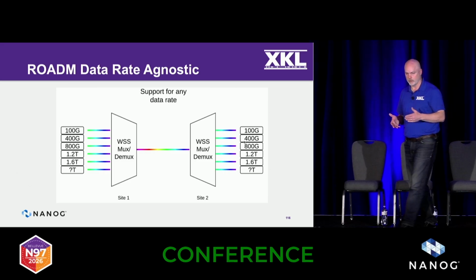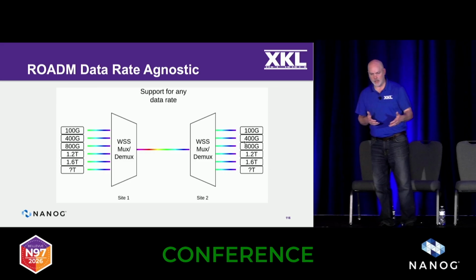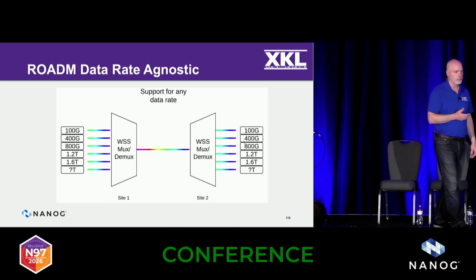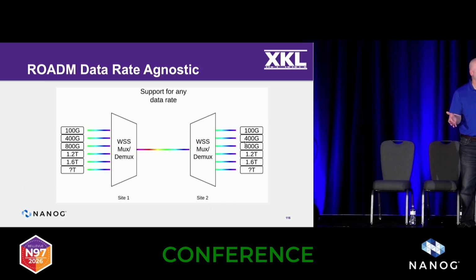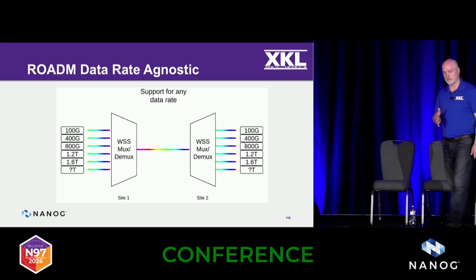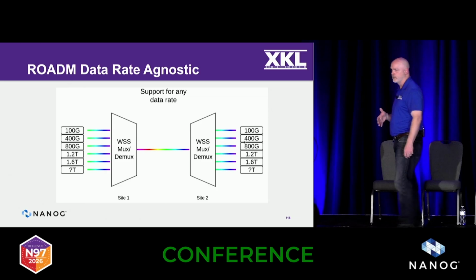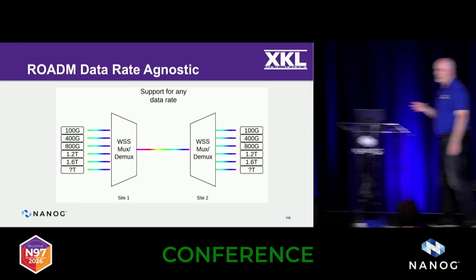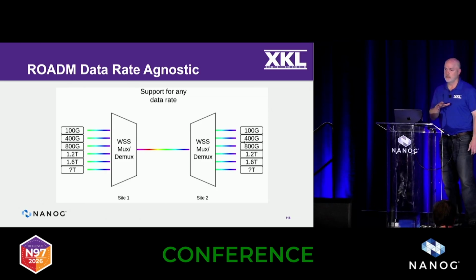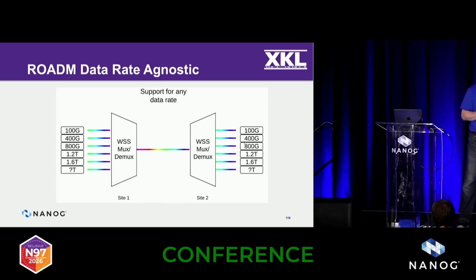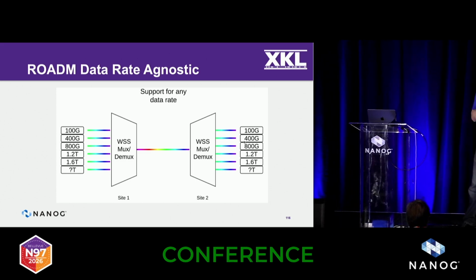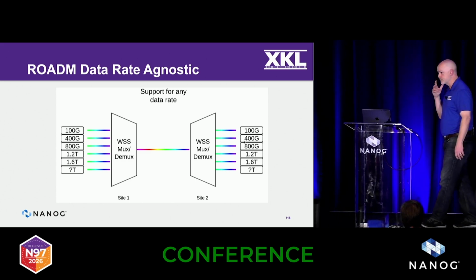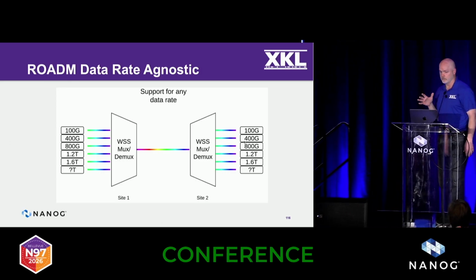So I can support 100, 400, 800 today, and maybe I'll get to 1.6, maybe I won't, but if you do, you don't need to change out this infrastructure. That's one of the real benefits of going with a WSS. That's not the only way to do it, but you can cascade filters, and again, come by the booth, I can talk to you about that. But this is one of the big draws for using the WSS to try to future-proof your network.